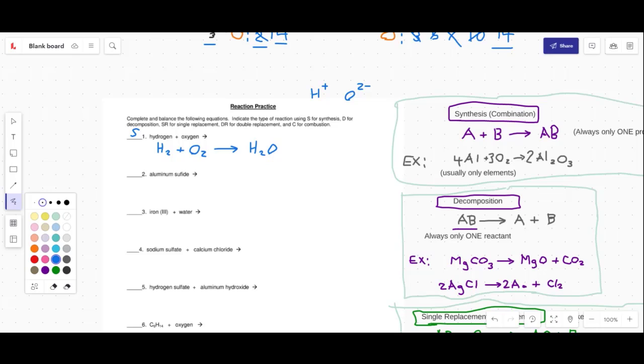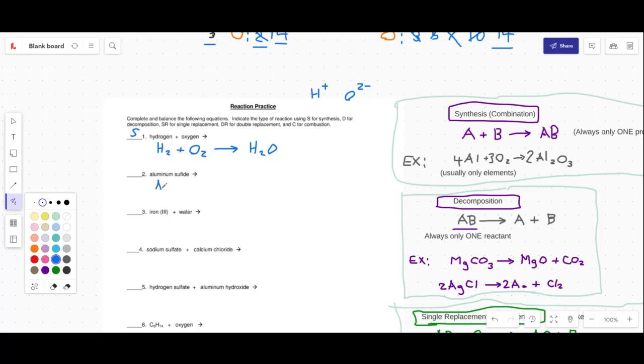Okay, so given that this is aluminum sulfide, is aluminum a metal or a nonmetal? Aluminum is a metal. And sulfur is a metal or a nonmetal? Nonmetal. So you have a metal and a nonmetal, so is it ionic or covalent? It's ionic. Very good. So we have an ionic compound here, which means I have to look at the charges.